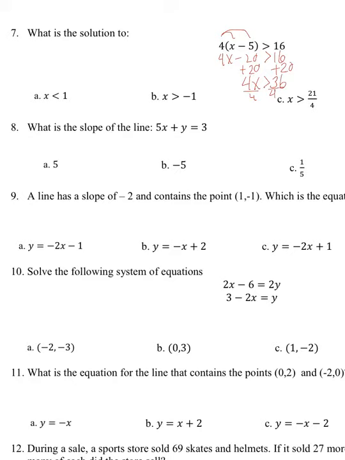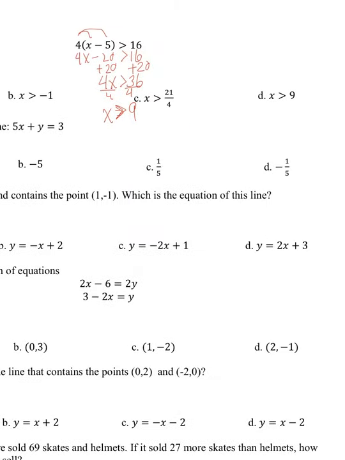Now in that last step, that's where you come up with that curiosity about, are you going to have to flip that inequality symbol? Are we dividing by a negative number? In this case, no, we are not. So that will stay the same. X is greater than 9, and if you're matching up, that comes down to the letter D all the way over here.